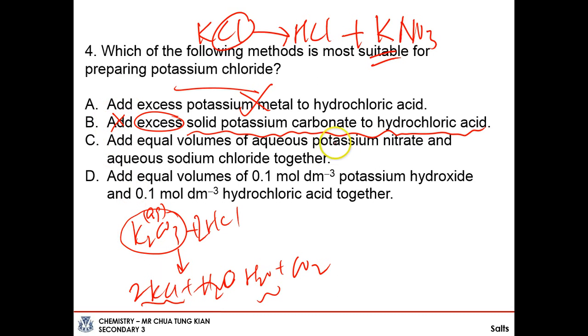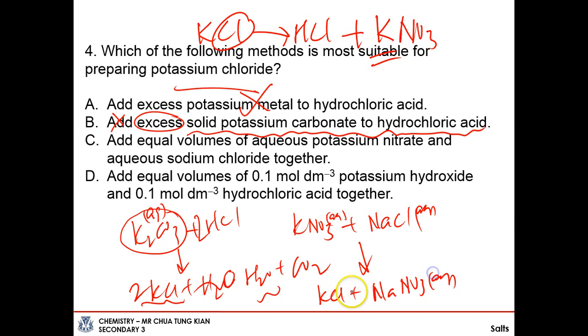Next method, potassium nitrate with sodium chloride, KNO3 plus NaCl. So what do we get? We get KCl plus NaNO3. This is soluble in water, this is soluble in water, this is soluble in water. So if I add equal volumes of this and this, let's assume that the equal volumes contain 1 mole and 1 mole.